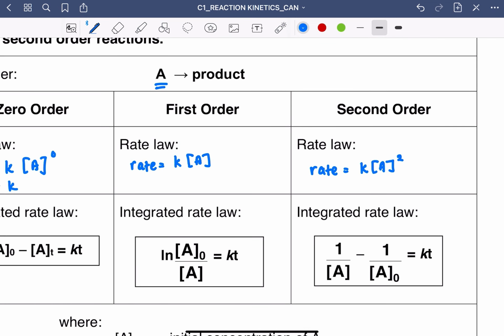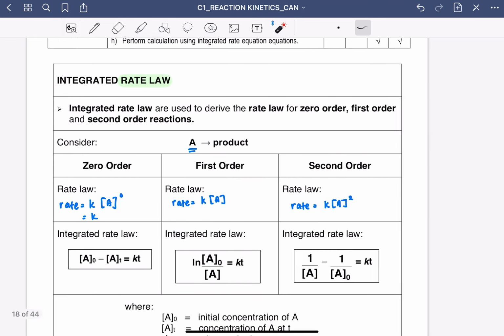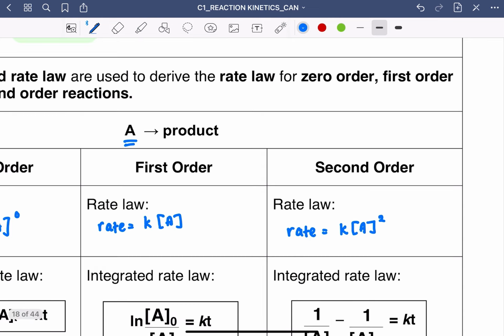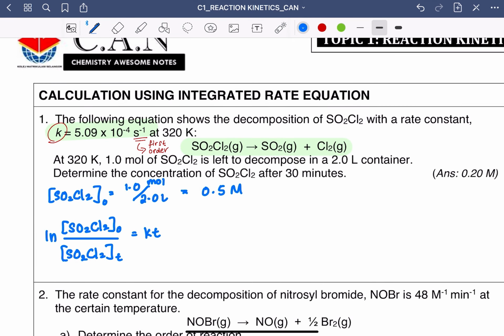This is the formula for first order: ln [A]0 over [A]t equals kt. Yeah, okay, so we have this here.